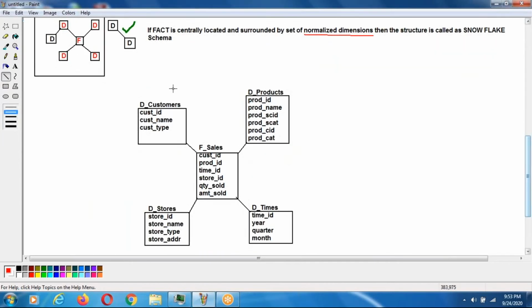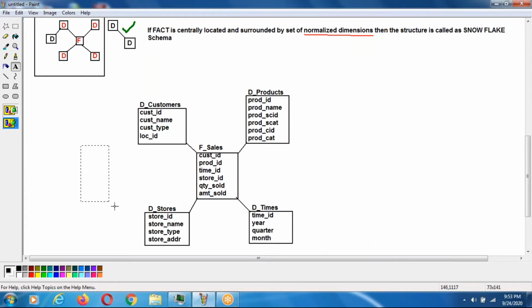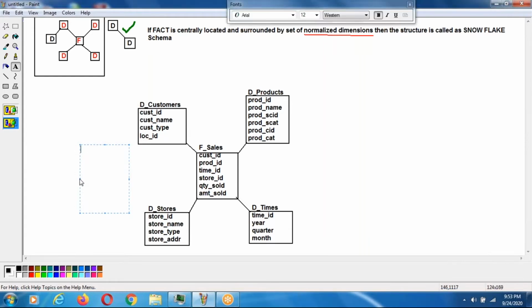So what I'm doing here is keeping a location ID, but not the other fields here. They are present in a separate table, something like d_locations, consisting of location ID, region, country, and city.